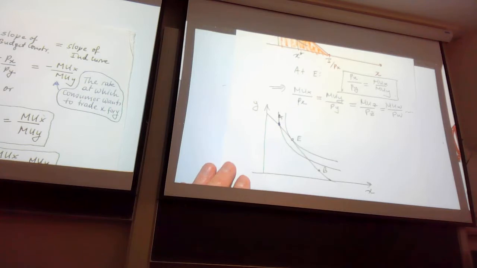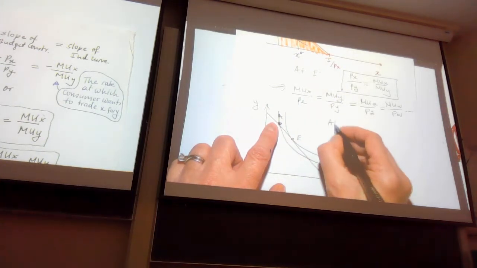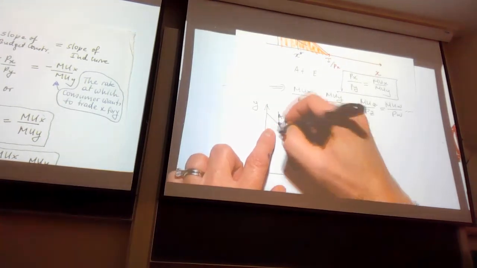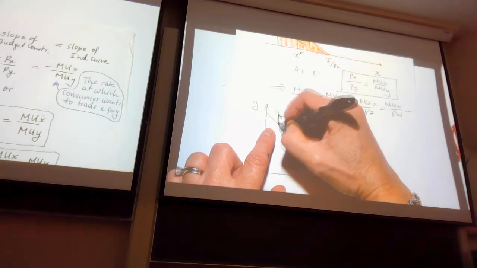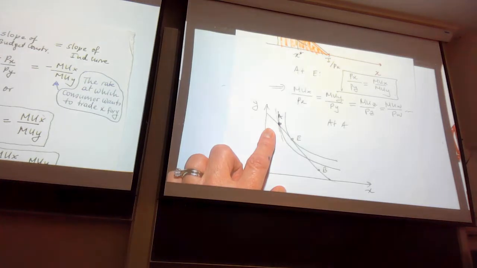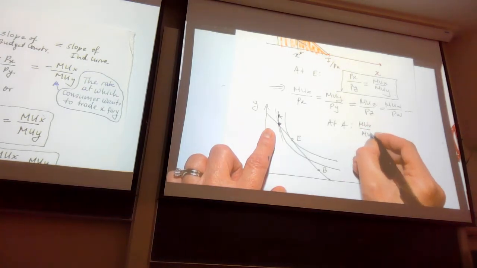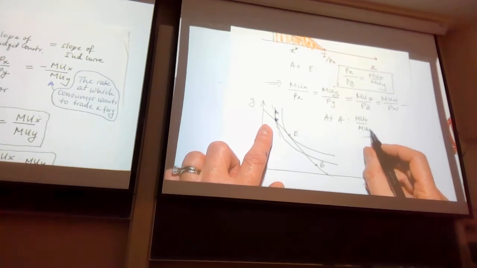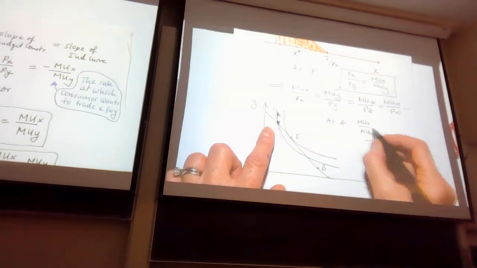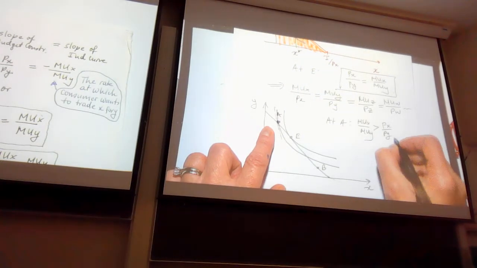So if you're at the point A, what exactly is going on? Of the budget constraint. So at a point like A, marginal utility of good X over marginal utility of good Y, the slope of the indifference curve, is steeper than the slope of the budget constraint.